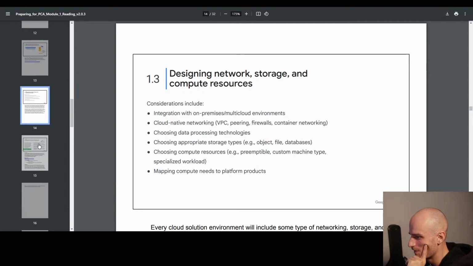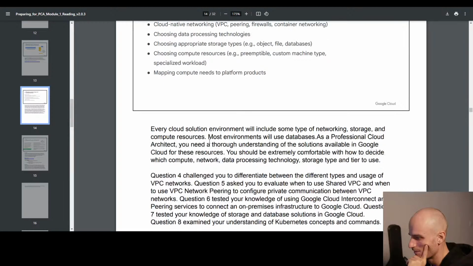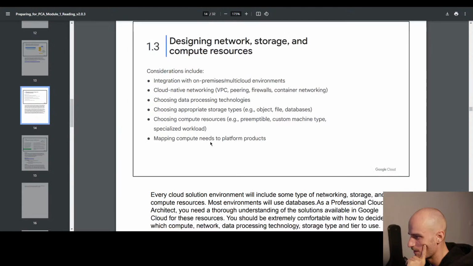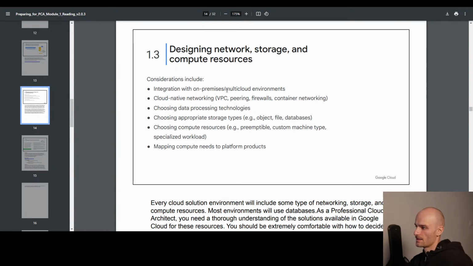So the next one, complete. Okay. So network storage and compute resources. Integration with on-premises, cloud-native networking, choosing data processing technology, choosing appropriate storage, choosing compute resources, mapping compute needs to platform products.